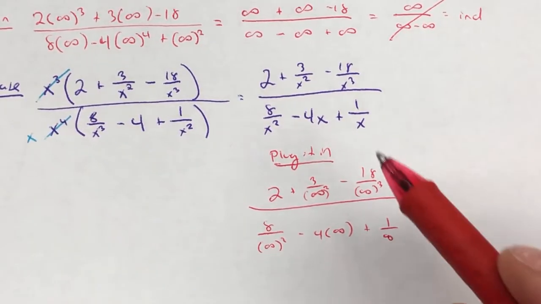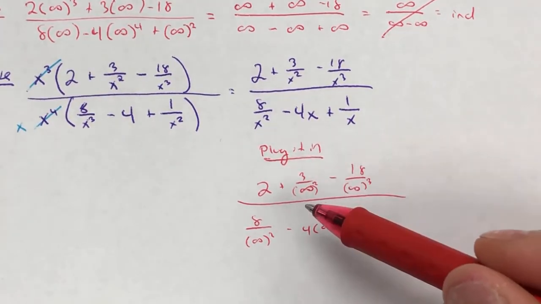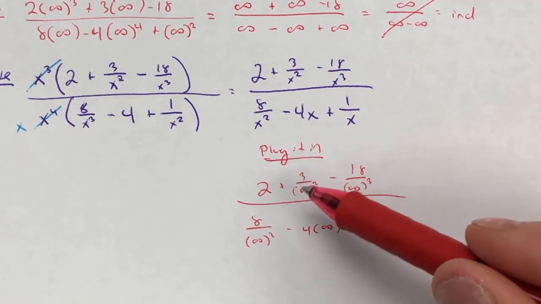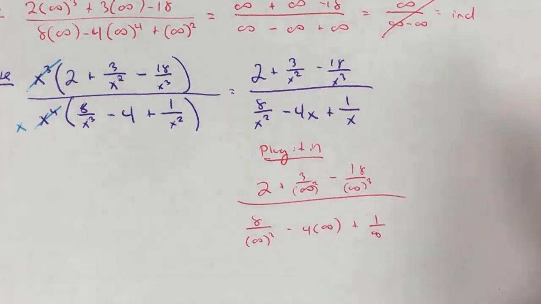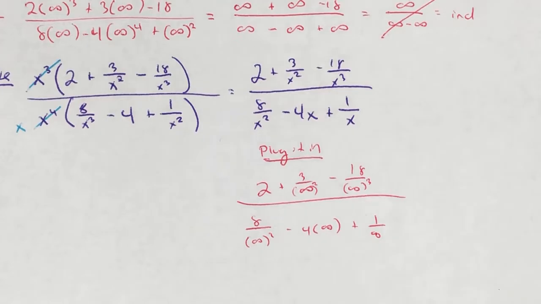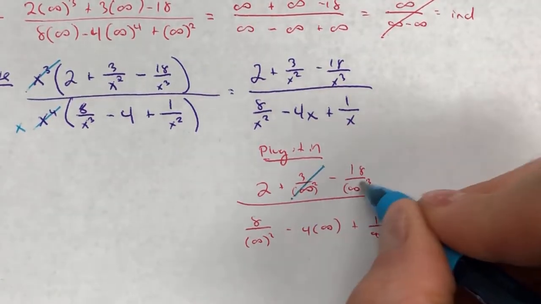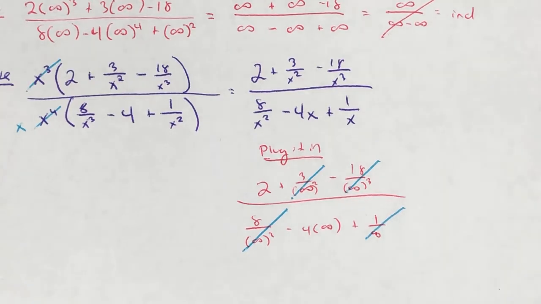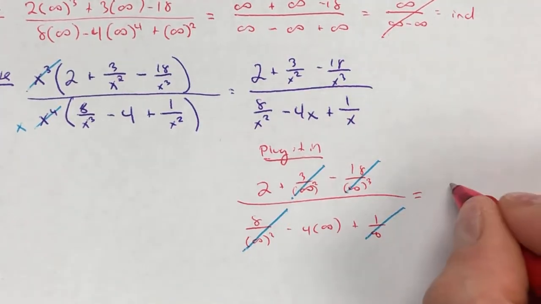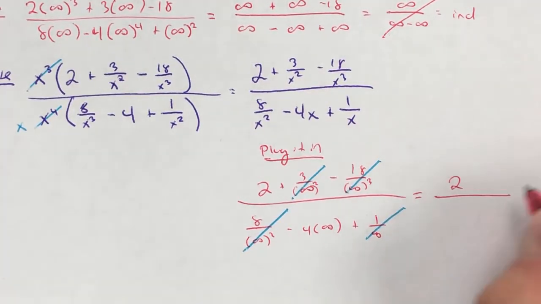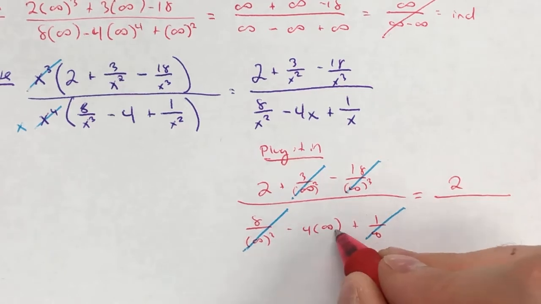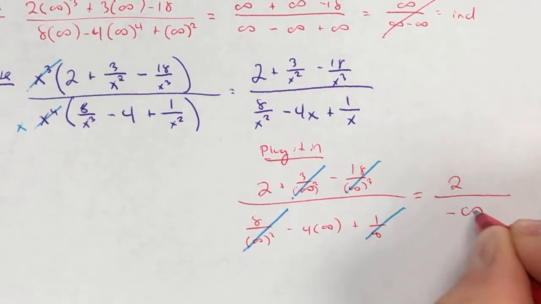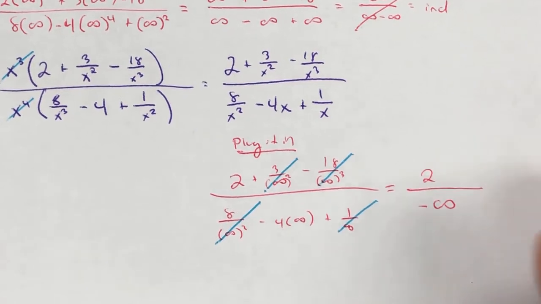Now what we notice is anytime we take a finite number and we divide by infinity, I'm taking that number and I'm splitting it up so small that it doesn't exist. So each one of these terms that I'm dividing by an infinity cancels out to 0. And so the only term I'm left with on the top is a 2, and the only thing I have on bottom is a negative 4 times infinity, which is a negative infinity.